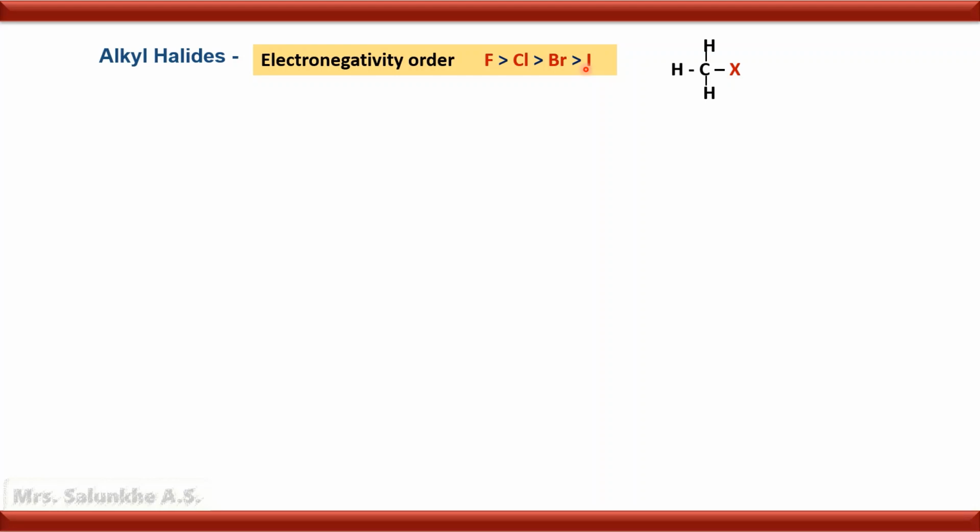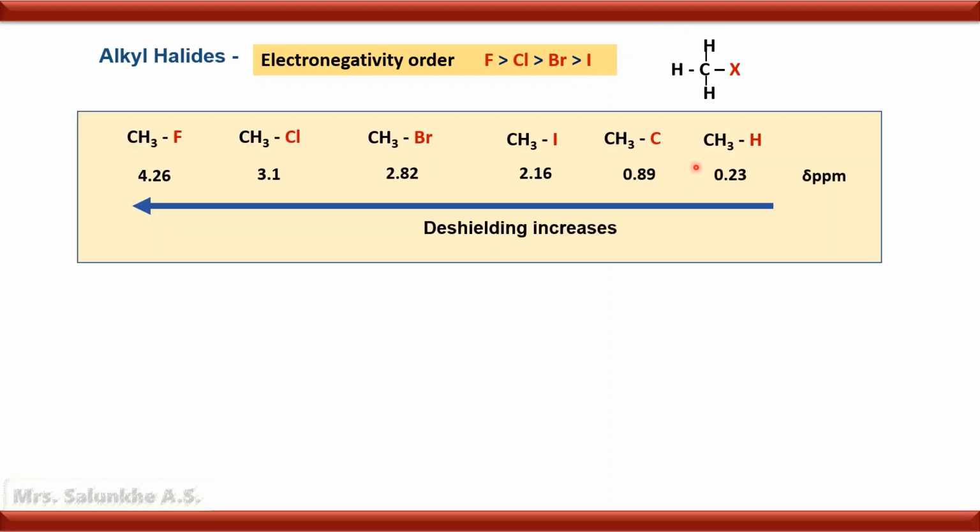Now say in case of alkyl halides. In case of alkyl halides, the electronegativity order is fluorine, then chlorine, then bromine and then iodine. In case of alkyl halides, these are the chemical shift values. In case of methane, the chemical shift value is 0.23 delta ppm.